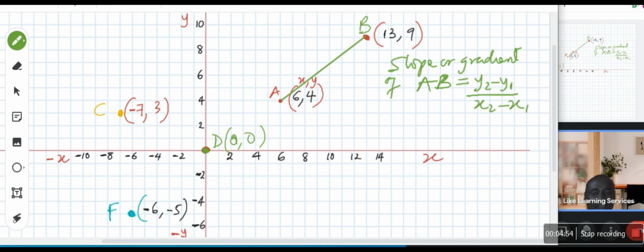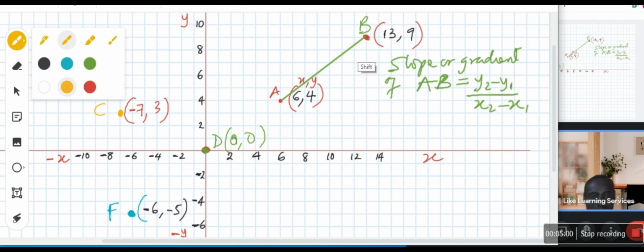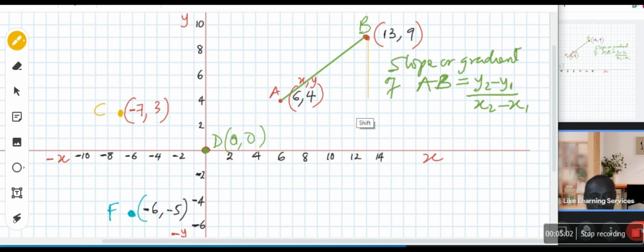Which is like rise over run. What I mean by rise over run is you work out its height and then its width. So let me draw it again. The height against the width. That's rise over run. The height is rise.